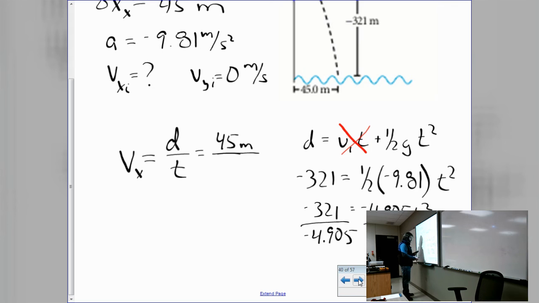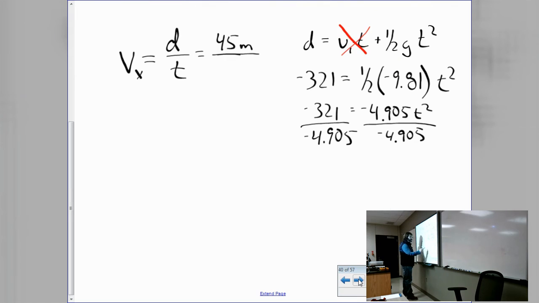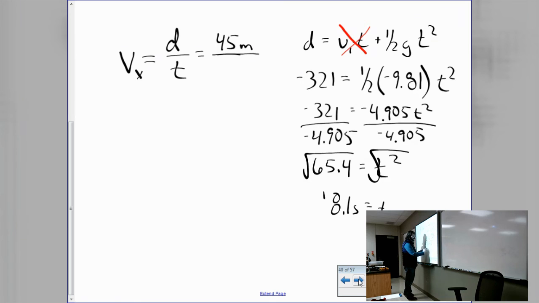We've got 65.4. Now, that is not t, that is t squared. So we need to take the square root of both sides to get just t. If I take the square root of 65.4, I get a time of 8.1 seconds.